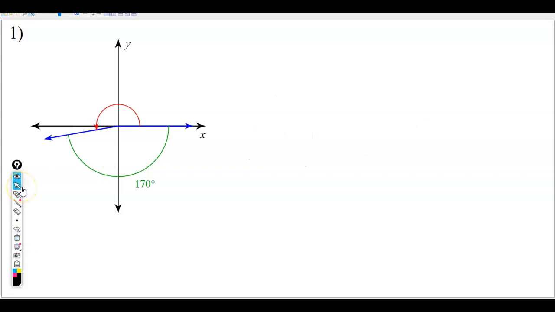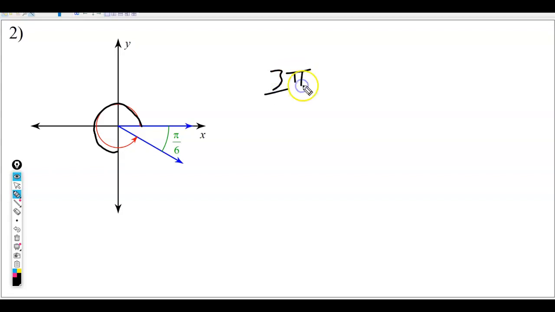And on to our next question here. Number 2, radians. Radians are always fun, right? So here's what we know. We know that the distance from here to here would be 3 pi over 2. So now you got to think in radians here, right? It's that full circle there.